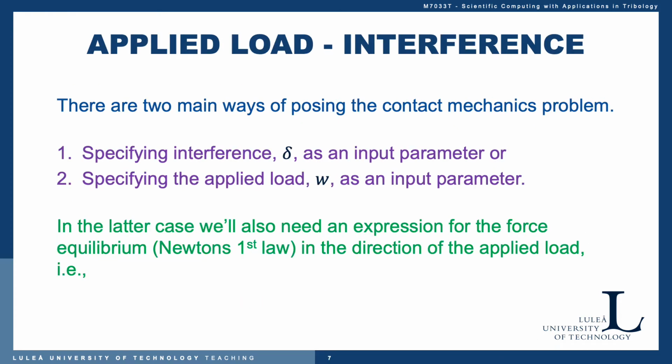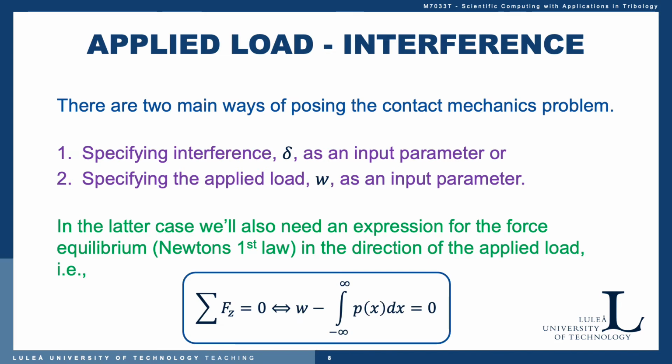There are, however, two different ways of posing this contact mechanics problem. One is, as we speculated before, to pose the interference delta as an input parameter. The other one, which is equivalent, is to specify the applied load as an input parameter. But if we do, then we would require an additional expression for the force equilibrium in the direction of the applied load.